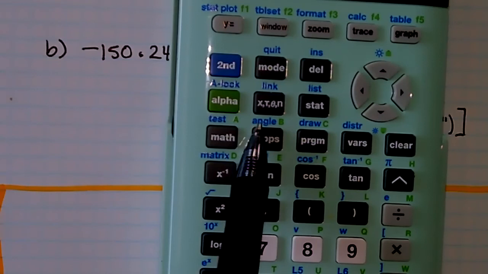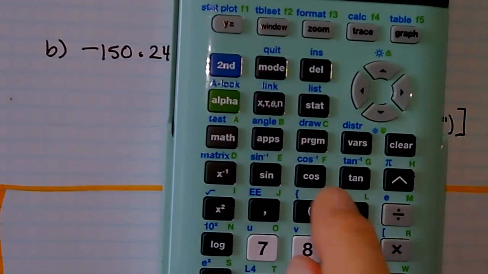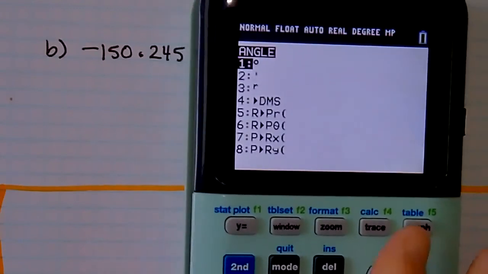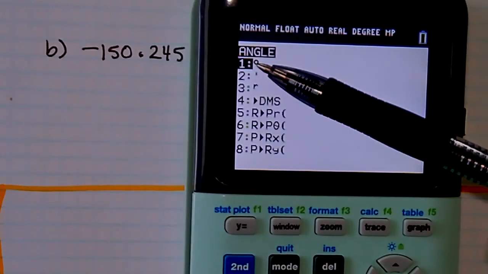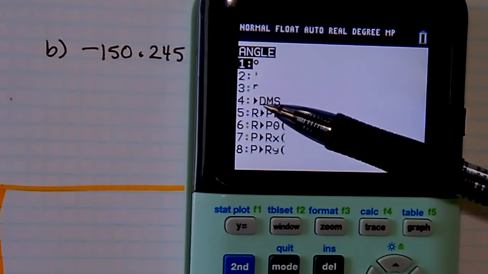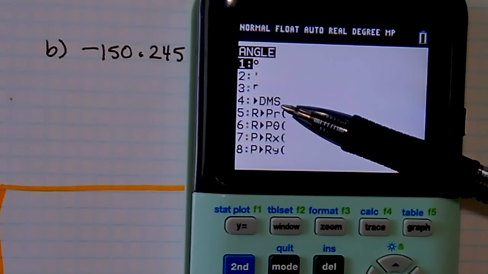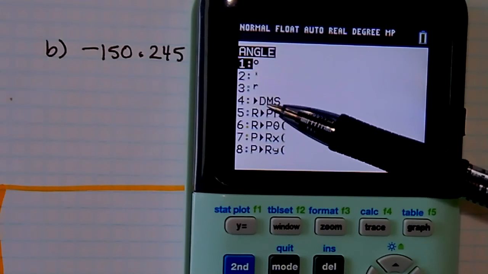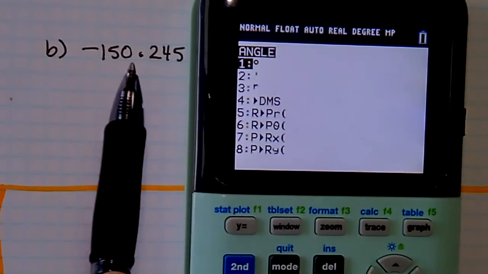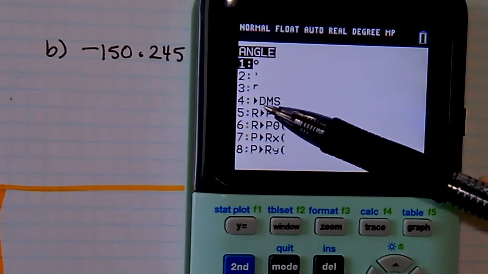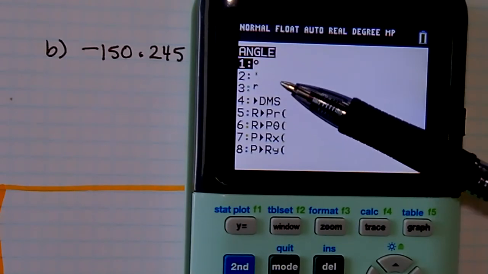To get anything in blue, you need to press second. So if I press second and apps for angle, you see here I get my degree and my minutes and degree, minute, seconds. Okay, so I would use number 4 if I'm trying to take it from this decimal degree form and change it to degree, minute, seconds.